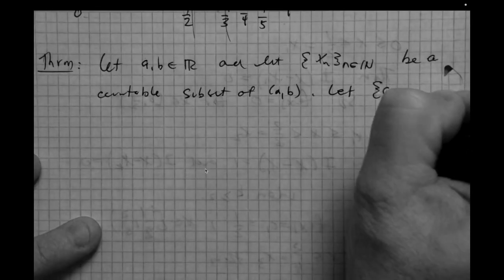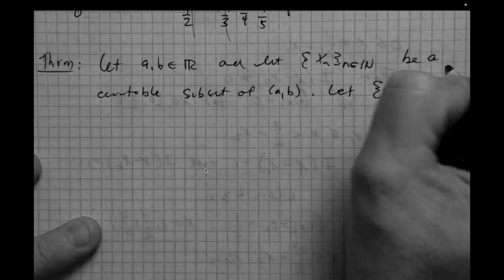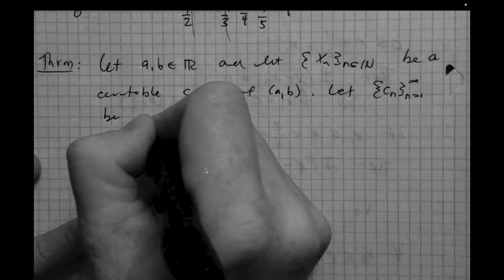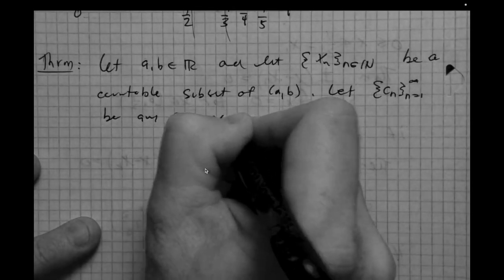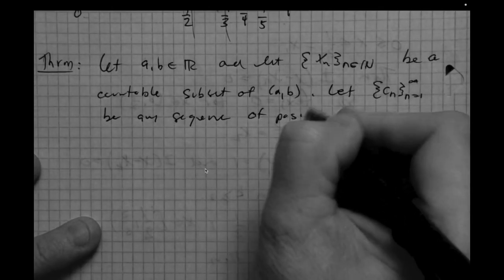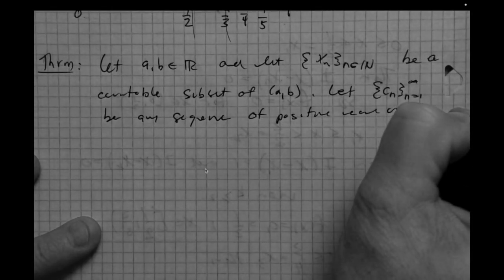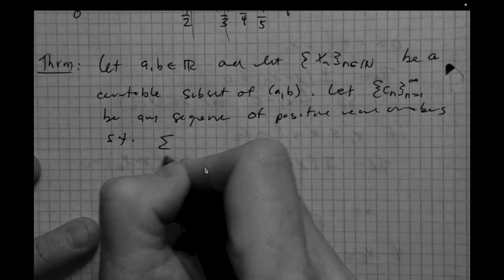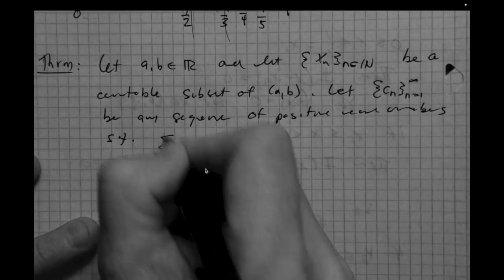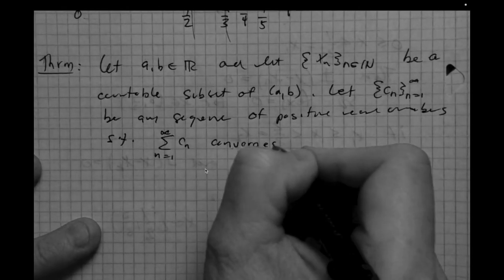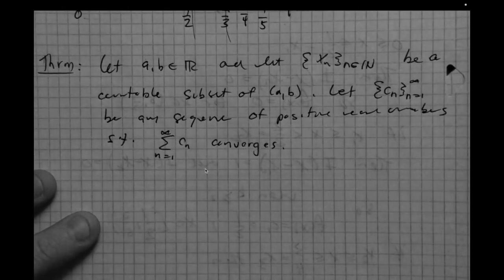Let C sub n, n equals 1 to infinity, be any sequence of positive real numbers such that the sum from n equals 1 to infinity of Cn converges. So here we have to have a converging set of Cn values.